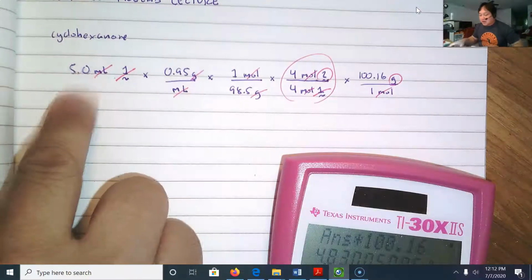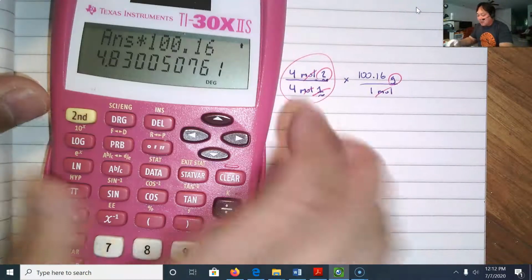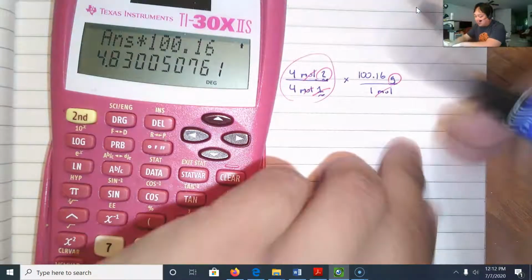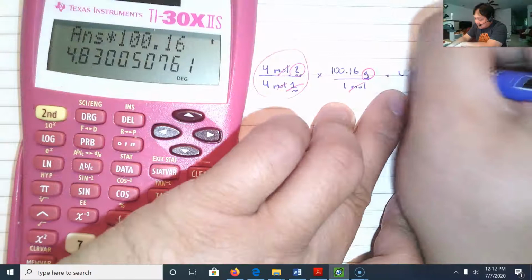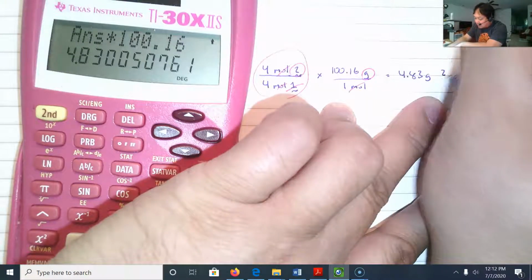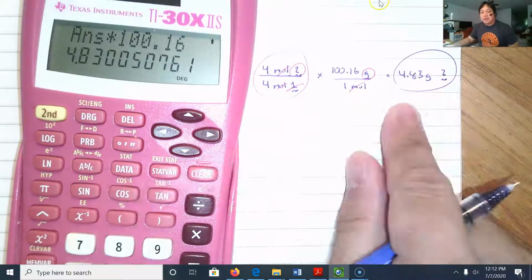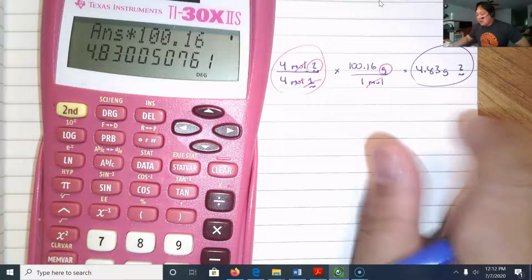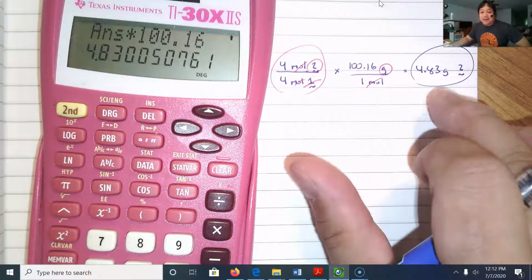So for 5 milliliters of cyclohexanone, if everything goes well, and this is the limiting reactant, I will get 4.83 grams of 2. This is important because in the Prelab entry, you would want to put what is expected.